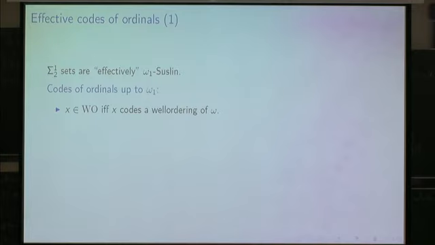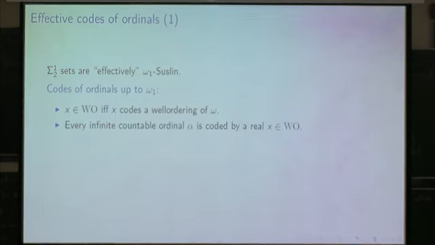The second coordinate is on omega_1, and we have a very natural way of coding ordinals up to omega_1, which are the countable ordinals. We code a countable ordinal by the set WO, which consists of reals that code a well-ordering of omega. So every infinite countable ordinal is coded by a real number, and the set of codes is Pi^1_1.